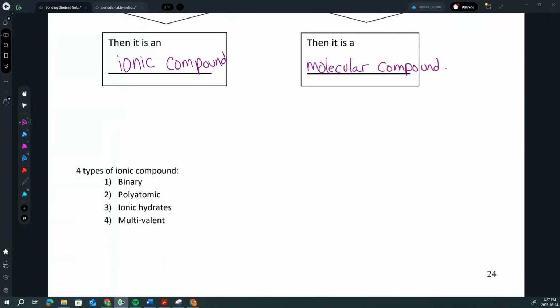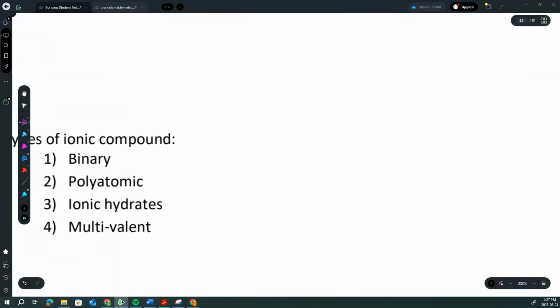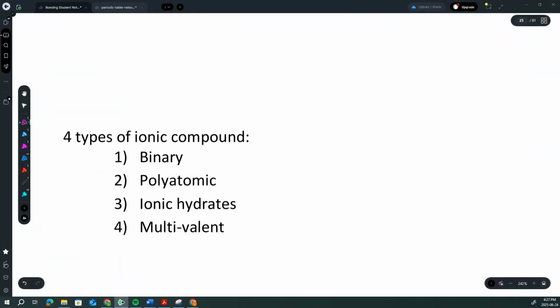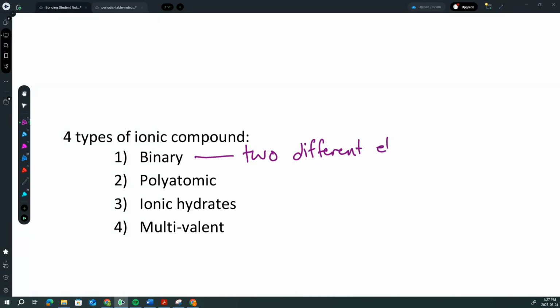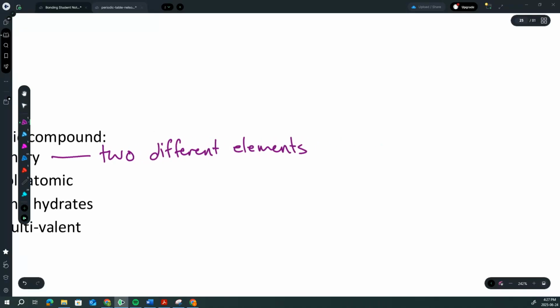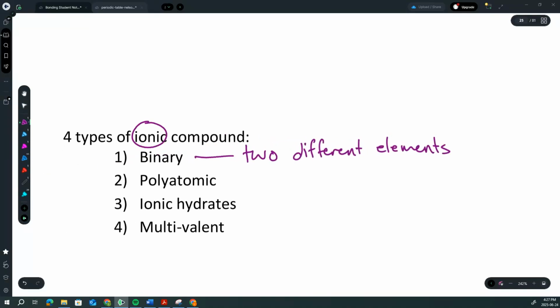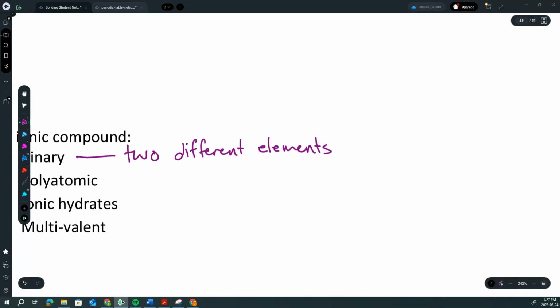So with ionic compounds, there's 4 different types of ionic compounds. There's binary, so that just means that there's 2 different elements in the same compound. A reminder, because this is an ionic compound, one will be a metal, one will be a nonmetal.